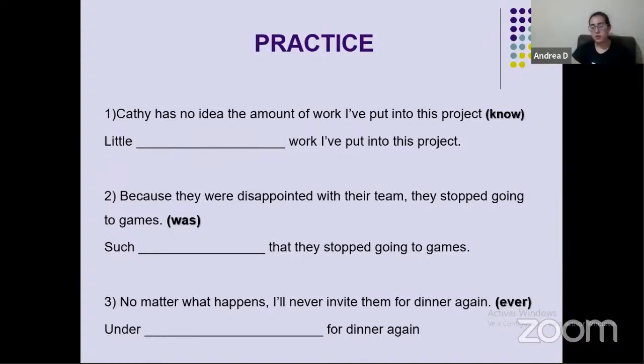The expression is the same you already used, right? Under no circumstances. Yeah, I wasn't sure about using under no circumstances because it's not in the sentence. Yes, you can. Under no circumstances ever I invite them for dinner again.